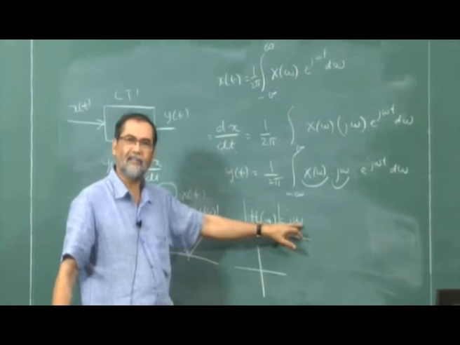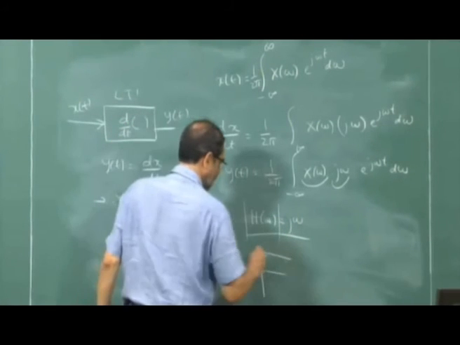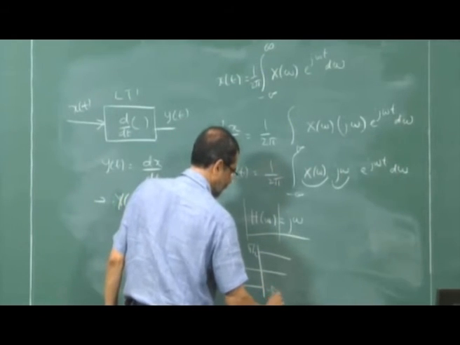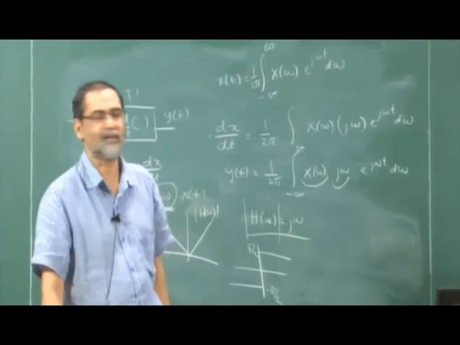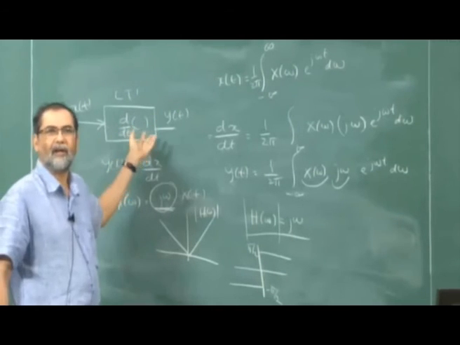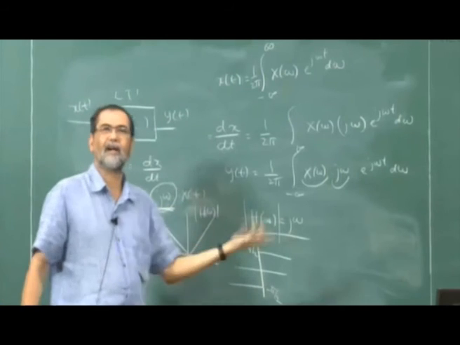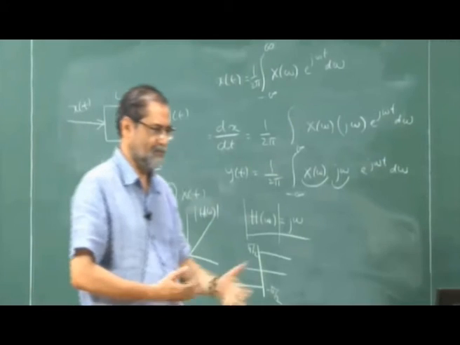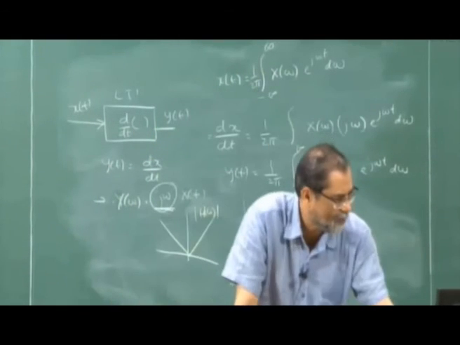When omega is negative, it is minus j. Plus j is pi by 2, and minus j is minus pi by 2. So you can plot the magnitude and phase response, and because the input is real, output is real, so this has conjugate symmetry. There are many ways of deriving this same result, and I've shown you one method.